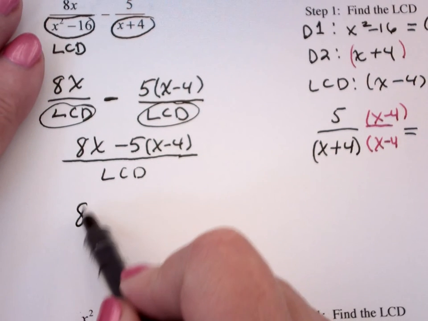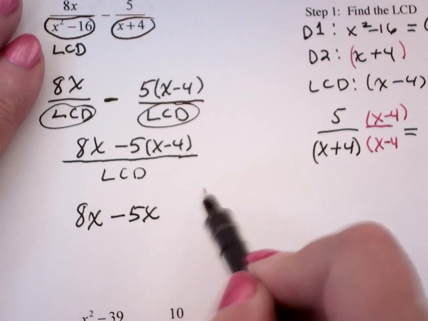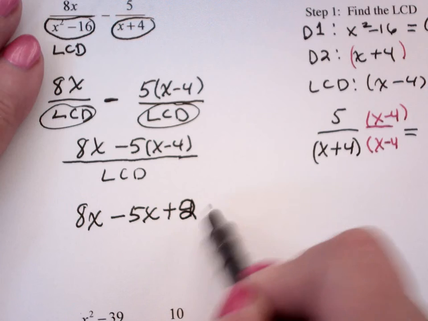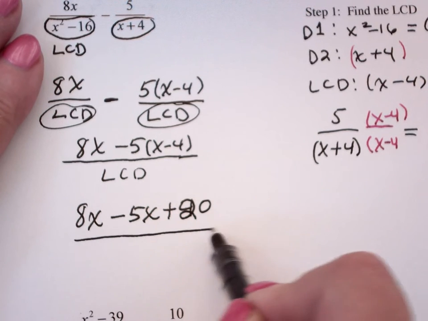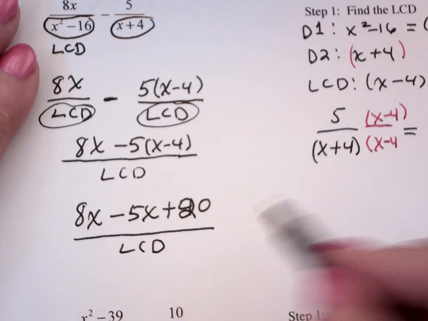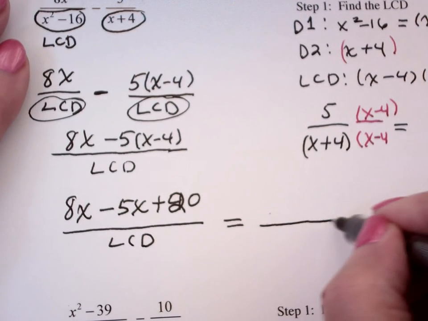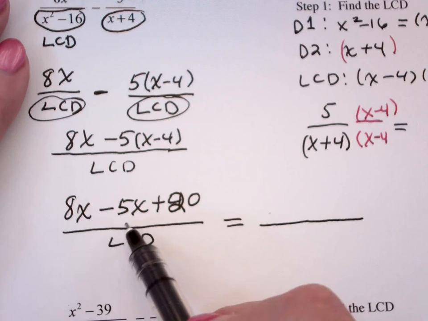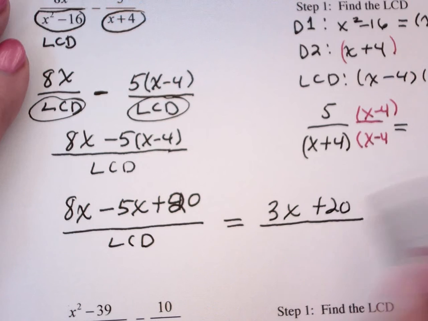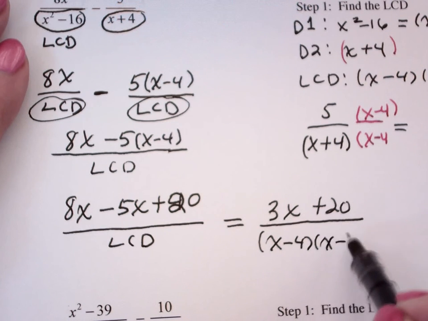So this then becomes 8x subtract 5x add 4, add 20, all over the LCD. Or 8x minus 5x is 3x plus 20 over the LCD, which is x minus 4 times x plus 4.